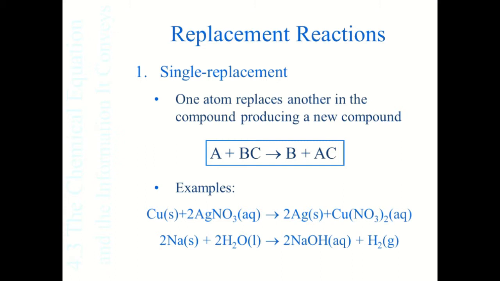That silver starts to precipitate, starts to come out of solution, and the copper starts to dissolve. And now the copper is an ion, copper 2+. And now you have a solution of copper nitrate instead of a solution of silver nitrate. And the silver comes out. You have essentially purified all the silver that's in there.